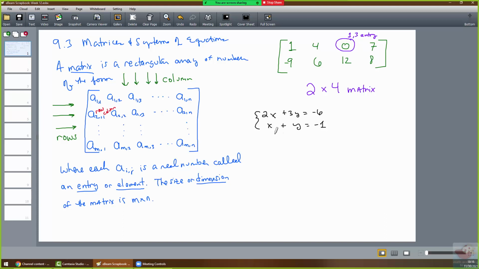And then using elimination, you would solve for x and y. I'm going to just tell you what the answer is, and I'm purposely writing it like this. I'll explain why in a second. You would get x to be 3 and y to be negative 4. So the gaps are intentional.